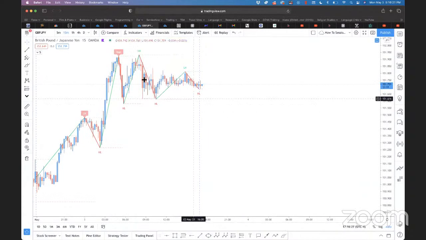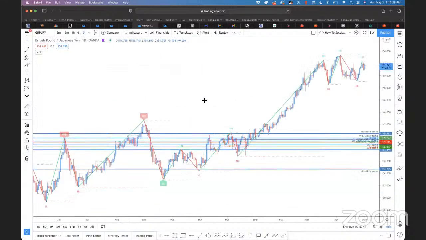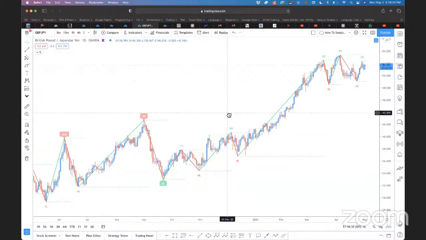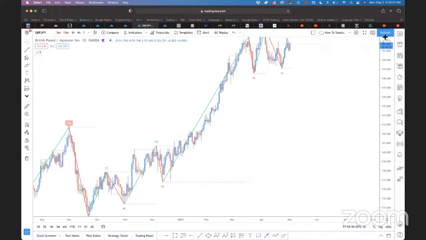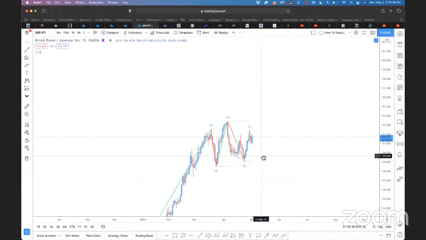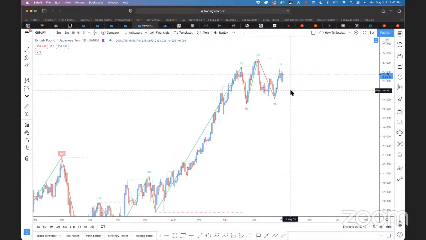Okay, so I look for different things when I trade. Some of the stuff you might not hear people talk about, and some of the stuff you may have heard, but that is what I would look for.